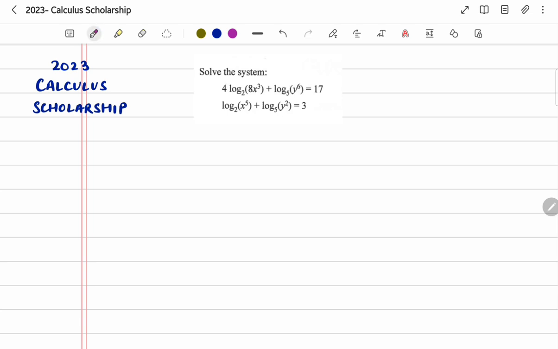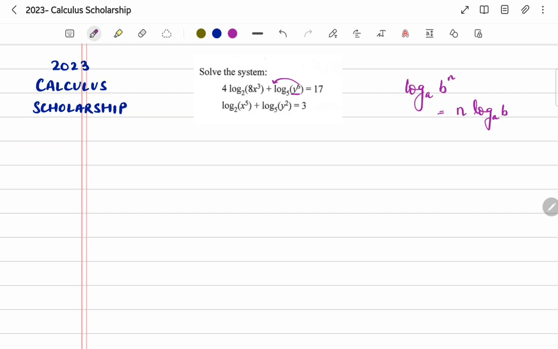All right, so when we look closely, we can see that this one here can be easily moved here. So we know that for log to the base of anything, if you have a power, that will become the coefficient of that term.